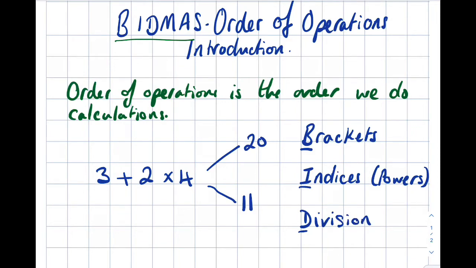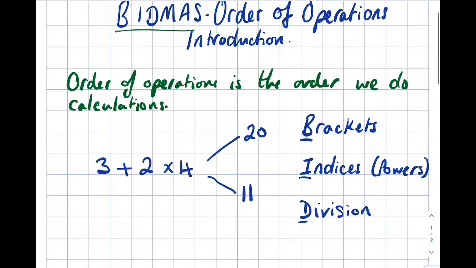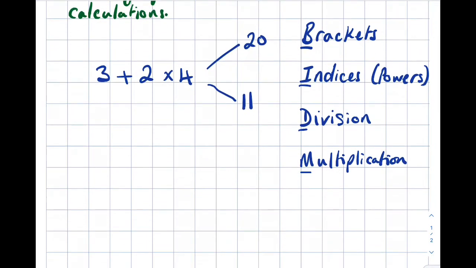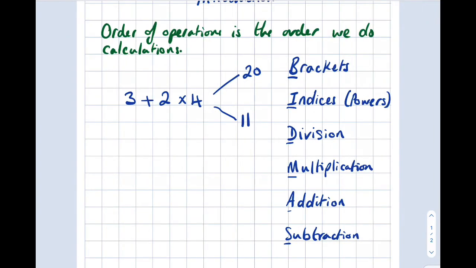So you look for brackets first, then you look for indices, then you can look for division, you can look for multiplication next. Multiplication, addition, and then we've got subtraction. Okay, now these are the orders, or the order that you do the calculation in.